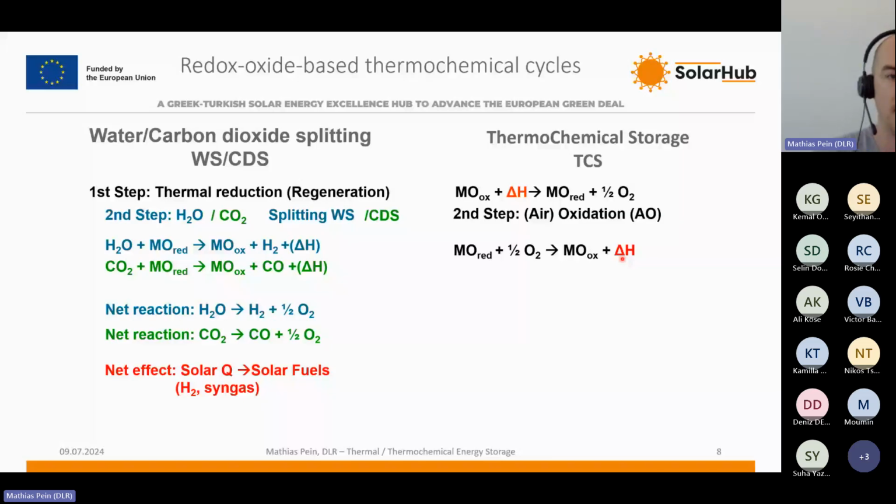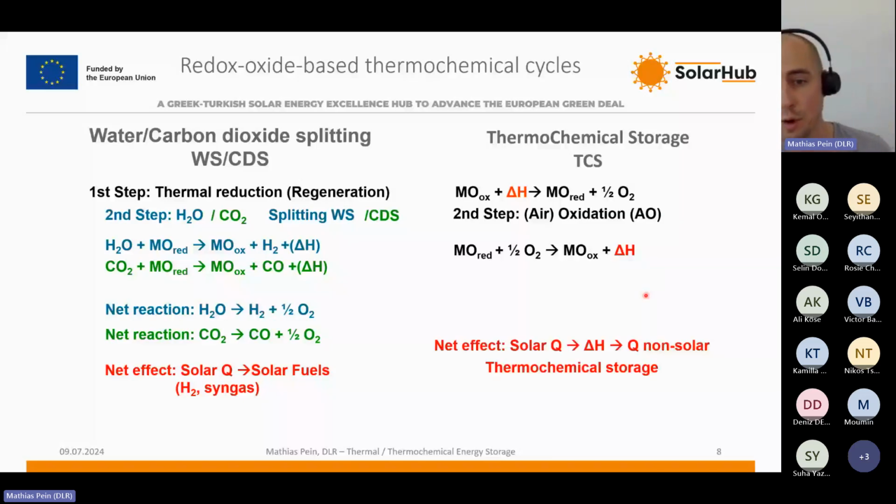So in that sense, you have a net effect of solar energy, which is converted into chemical energy, and then you have this heat available basically on demand when you want to use it, even if the sun is not shining.